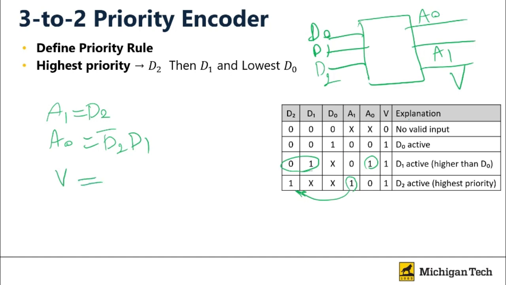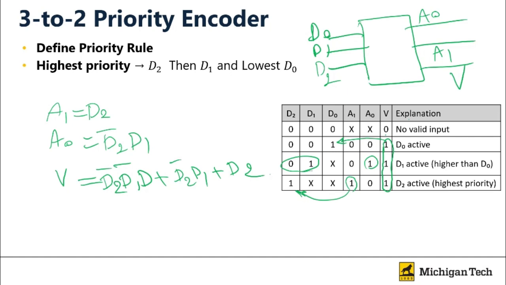V is another output, but we have 3 ones here. For the first one, we have D2 bar D1 bar D0. For the second one it is D2 bar D1. For the last one it is D2.